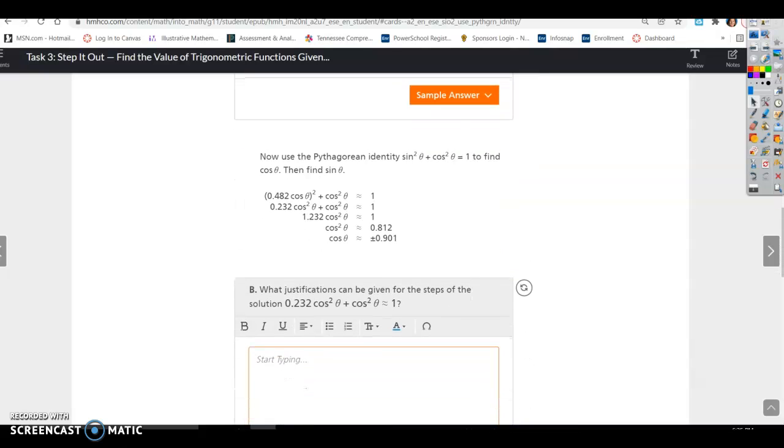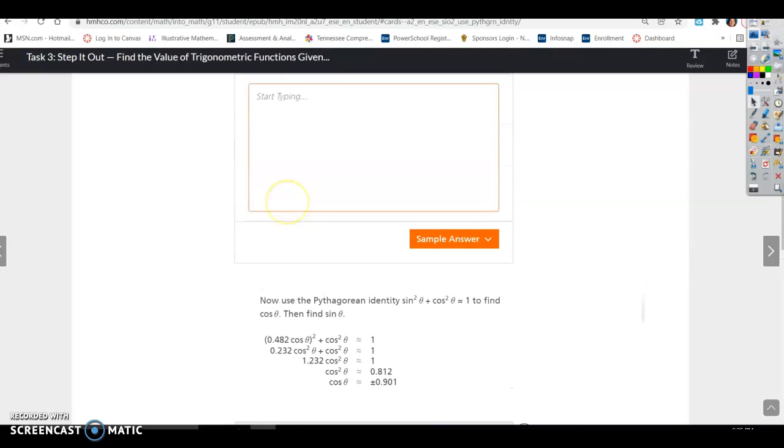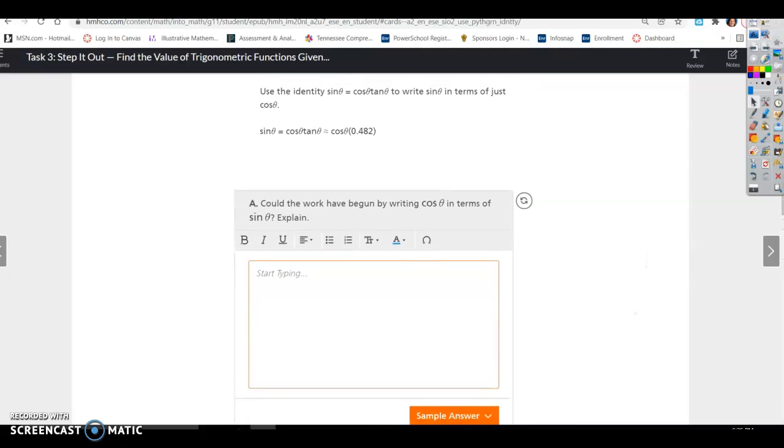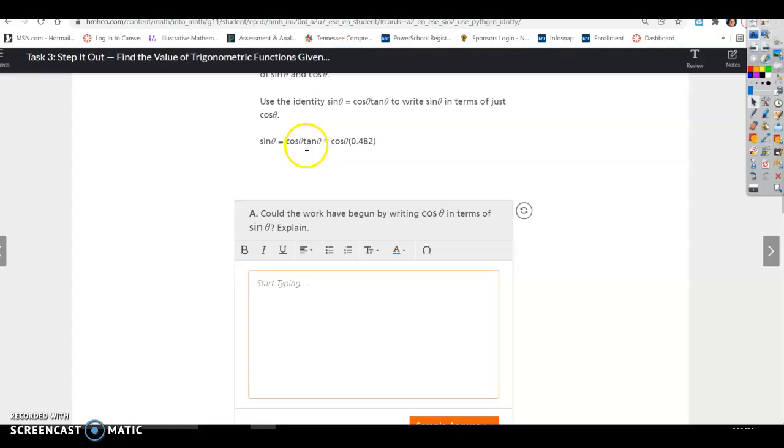All right, now it says use the Pythagorean identity sine squared of theta plus cosine squared of theta equals 1 to find the cosine of theta, then find sine. All right, so we're going to plug in what we were given. Because we have sine of theta, we know that that's equal to cosine times tangent.